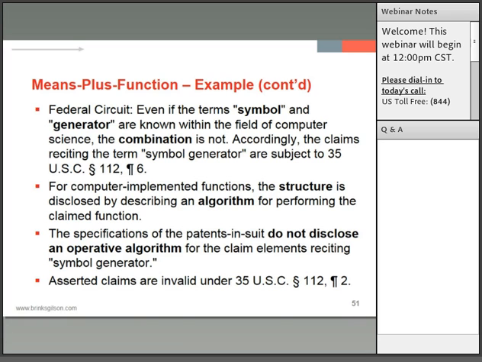And there was no algorithm disclosed for how the symbols were generated, and so that caused the claims to be invalid for being indefinite. There was no underlying structure disclosed.